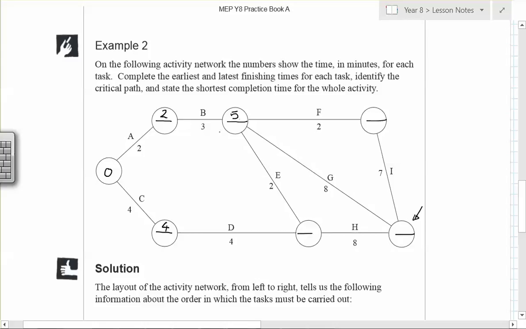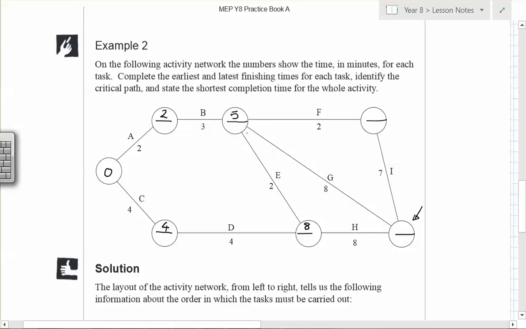So 2, 3, 5, 2 would make 7, or 4 makes 8. So it's 8. We have to put the earliest possible start time. Okay?